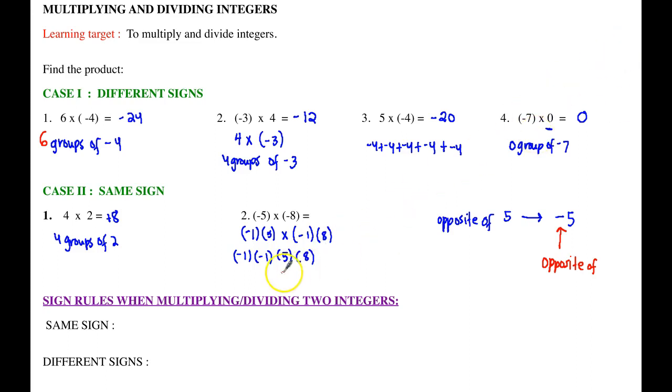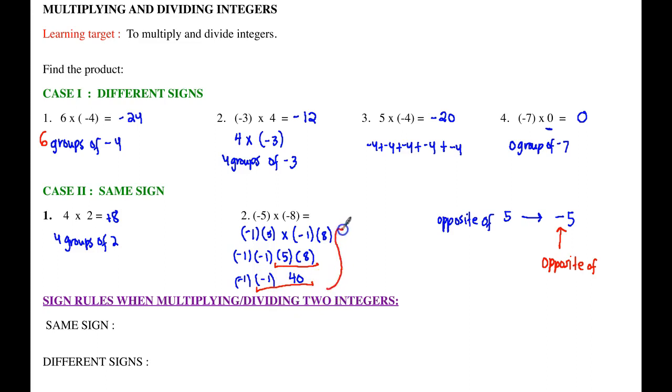Okay, first I'm going to multiply the positive numbers here. So 5 times 8, that's 40. And then if I multiply these two, negative 1 times 40, because I know how to do that, that means I have 40 groups of negative 1.